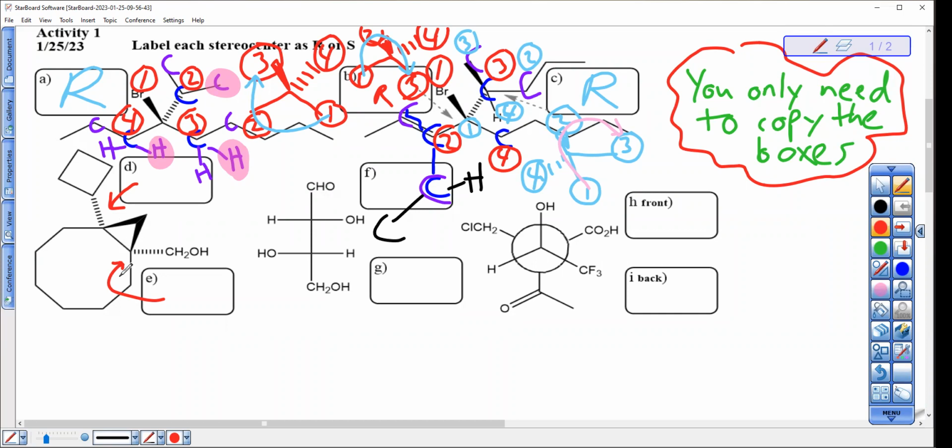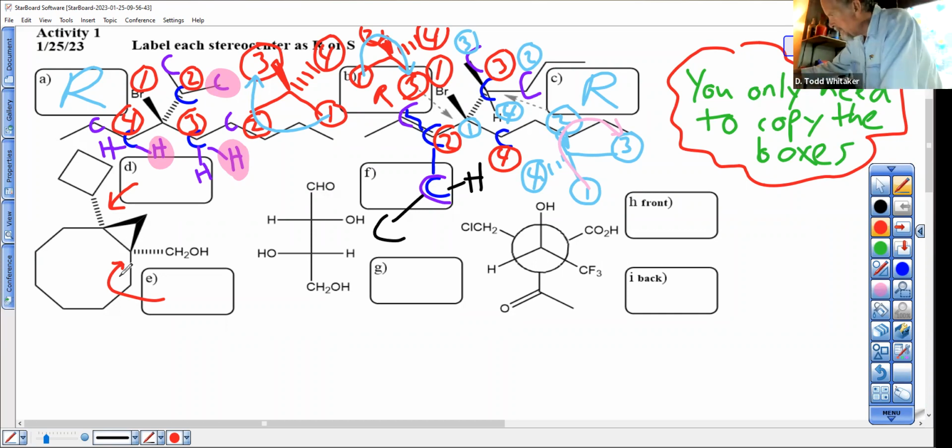Okay, that's the one. So moving to a new color scheme here. For the D stereo center, the 1 is here. And with the same logic, a C with 2 more bonds to C is going to beat these CH2s. These are both CH2s. Do you agree they're CH2s? And they go to another C. We're going from here outwards.